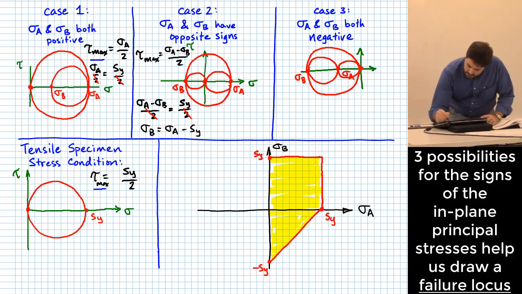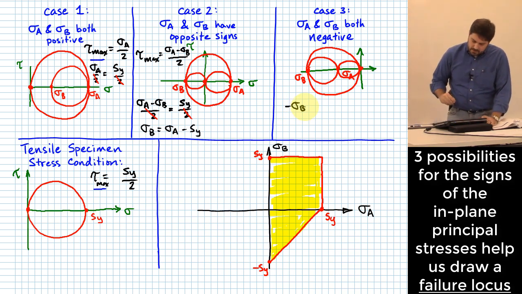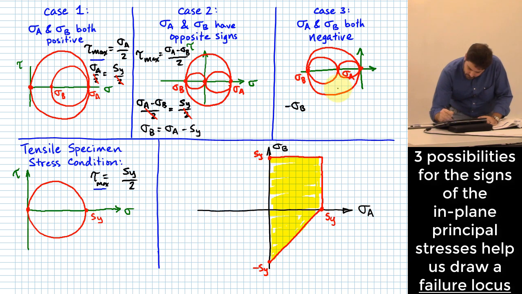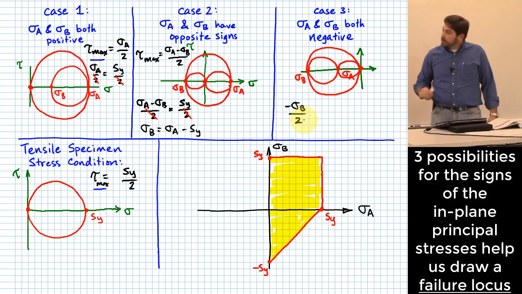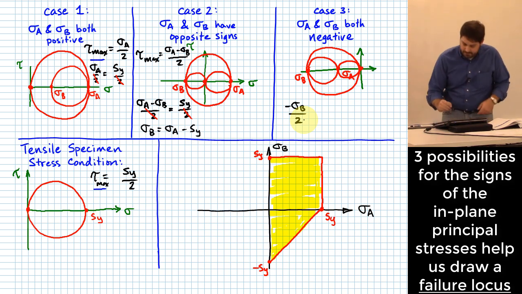Okay. Yeah, so sigma B, really I would probably say minus sigma B over 2. And we're going to say that that's equal to what? Okay, Sy over 2.